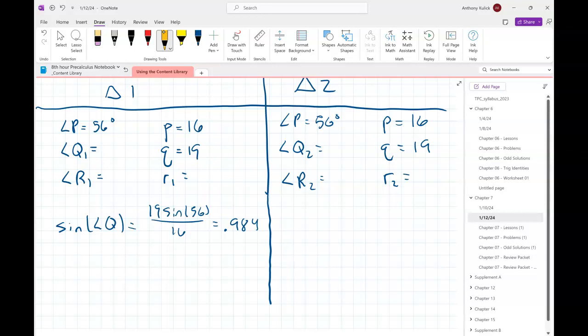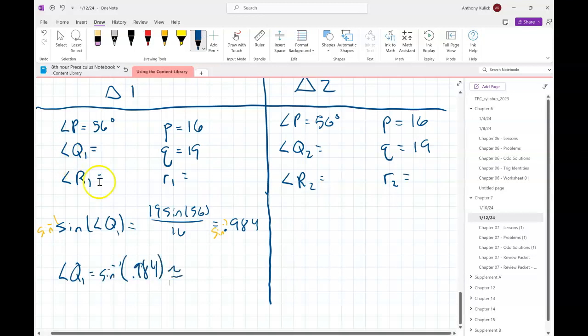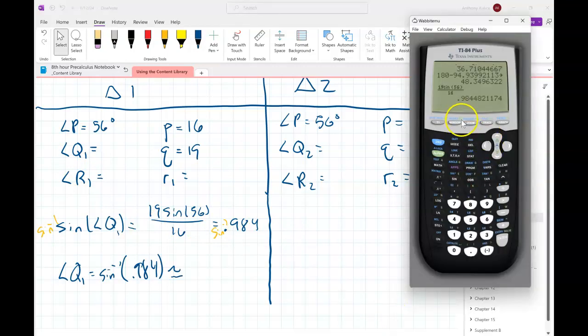We do sine inverse to both sides, right? So Q1 is sine inverse of this 0.984. If I go to my calculator, that number is already right there. So I'm just going to do sine inverse of that previous answer. And I get 79.89.